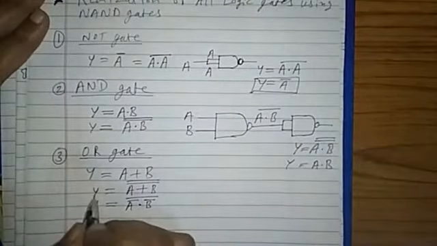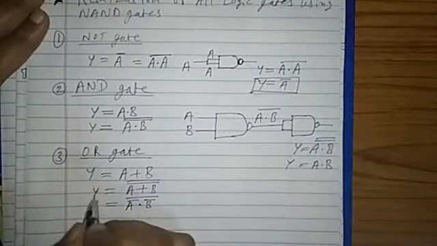That is what these two inputs are connected to one more NAND gate. This is how I get Y. This is (A bar dot B bar) whole bar. This is what we got here. Therefore Y is equal to A plus B. Did you understand this? Similarly, I can go for now NOR gate.